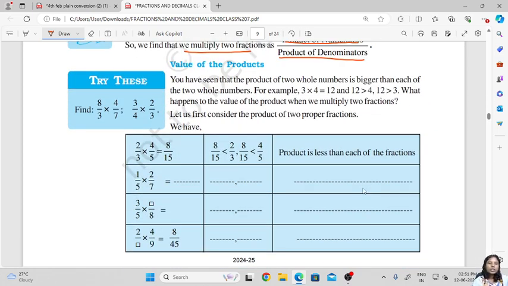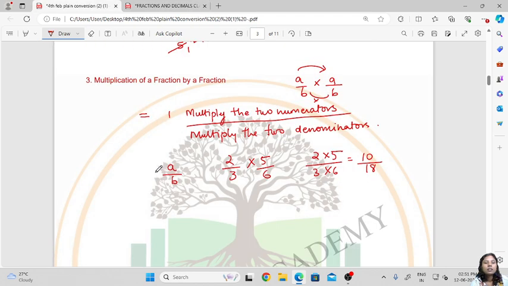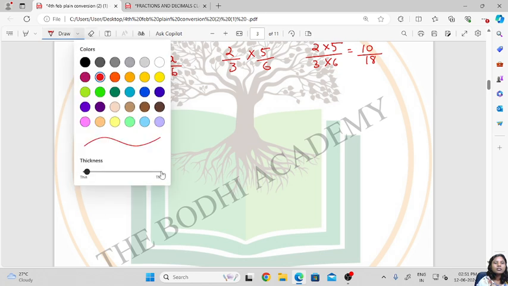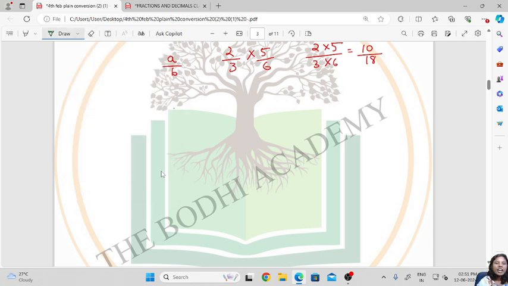So now something very interesting that we need to know over here is that when we have proper fractions, say I have 2 by 5 into or of 1 by 3.